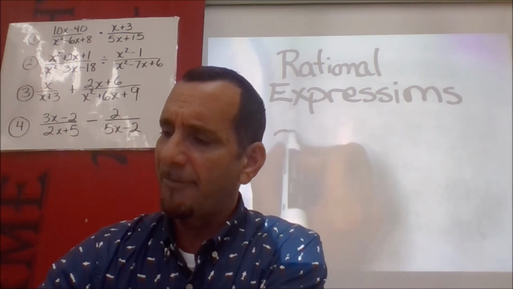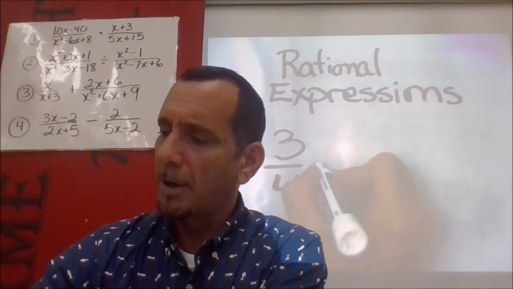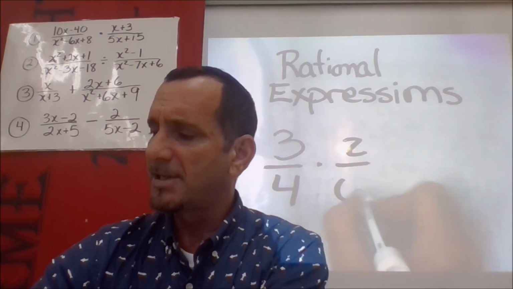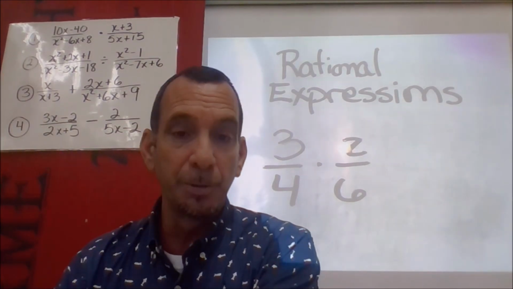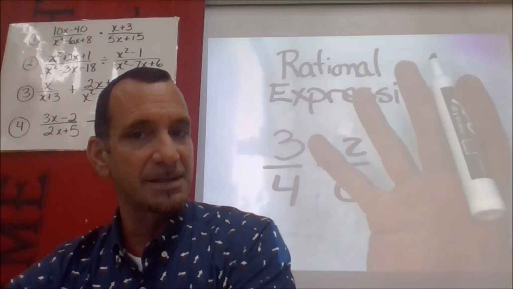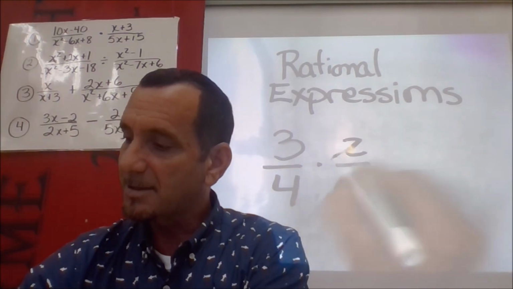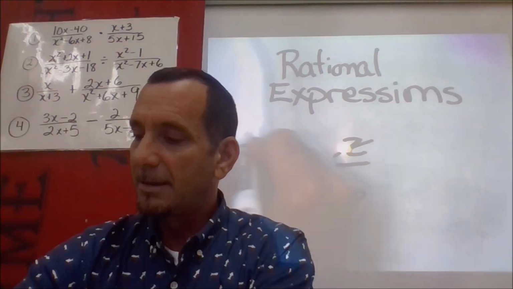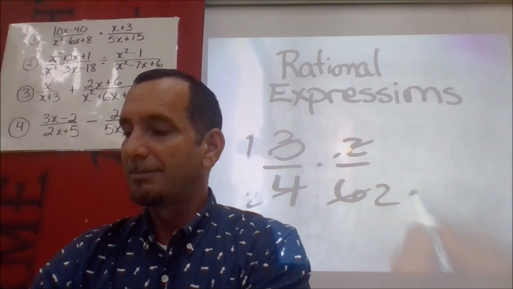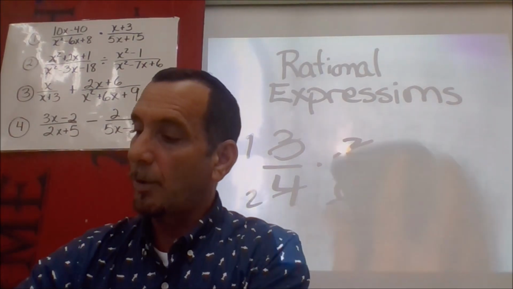So if I were to have 3 over 4 times 2 over 6, I could multiply the numerators and the denominators and then simplify. Or I could start to simplify in the problem and work it out that way.